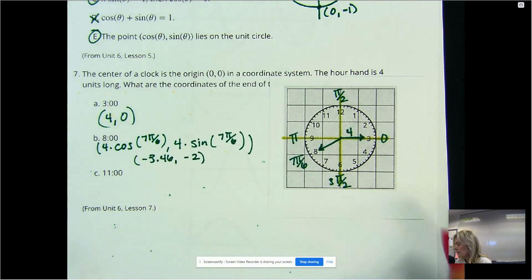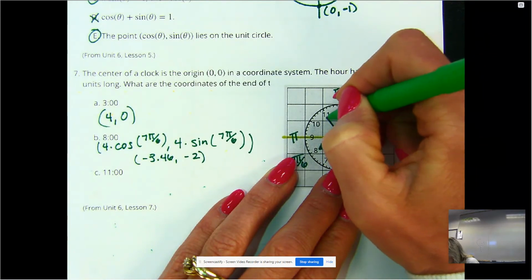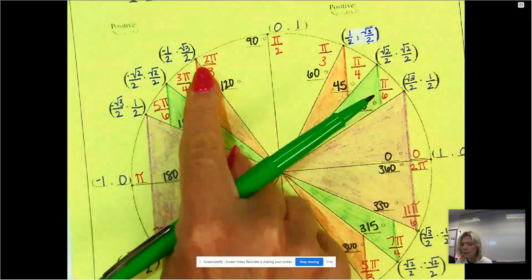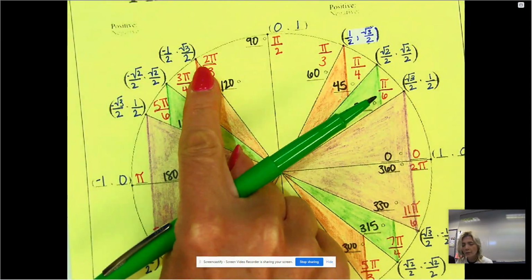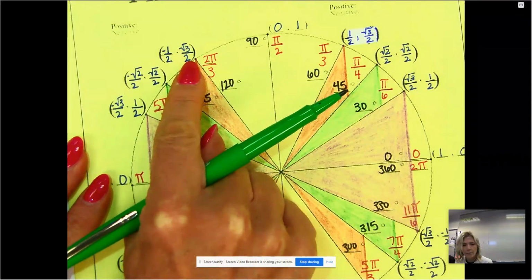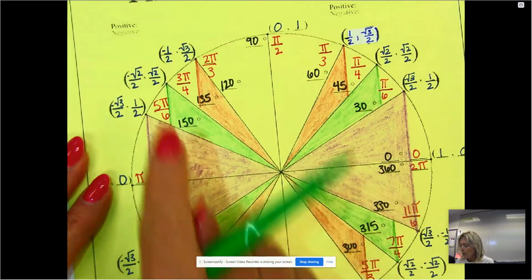And then last but not least is at 11 o'clock. 11 o'clock is right here. And 11 o'clock is at the angle 2 pi over 3. And see how it has really similar values as the 7 pi over 6 that we just did.